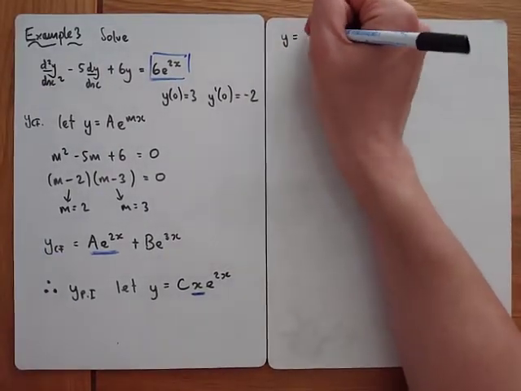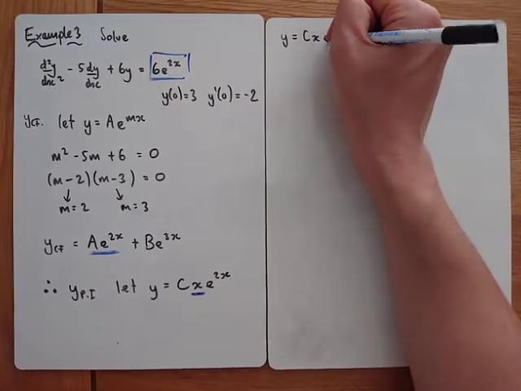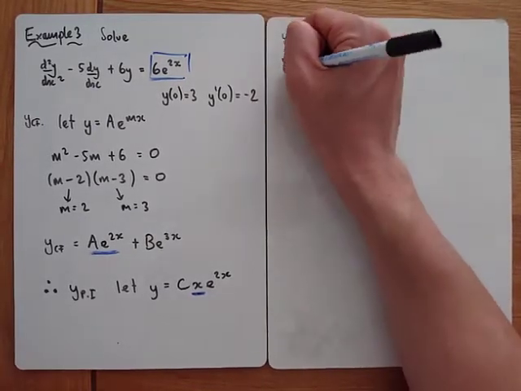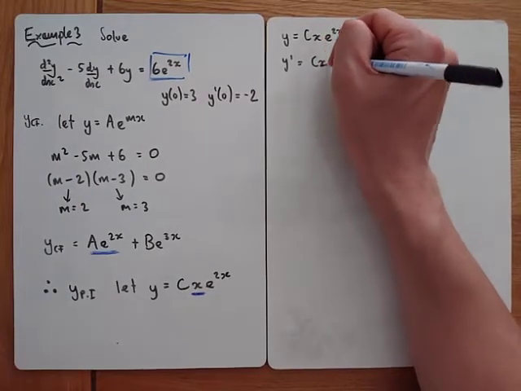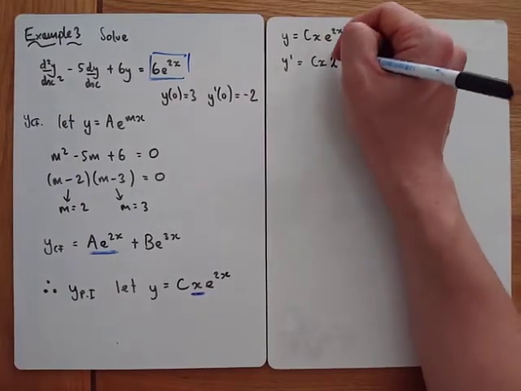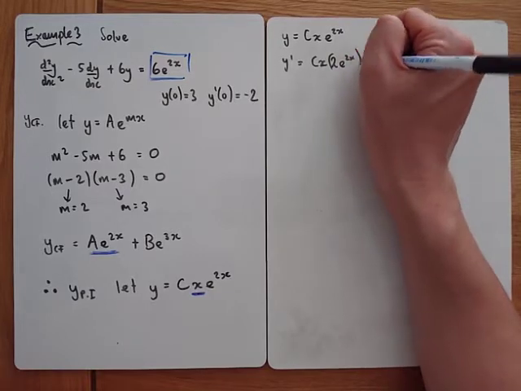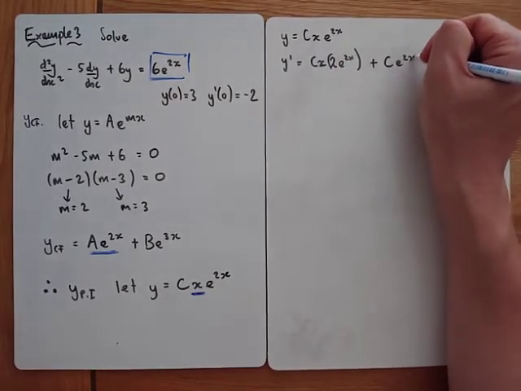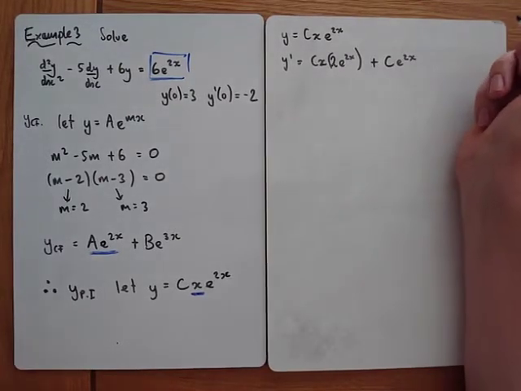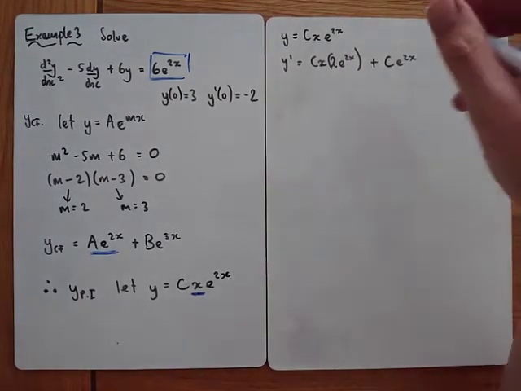If y is equal to c x e to the 2x, the first derivative, using the product rule, would be cx times 2e to the 2x plus c e to the 2x. We're going to have to do the product rule again.